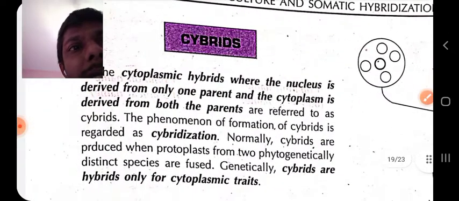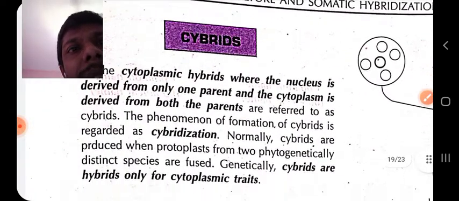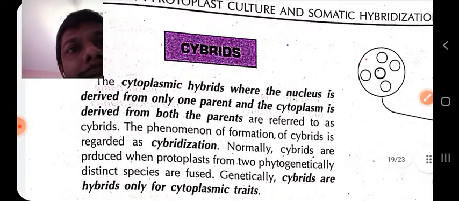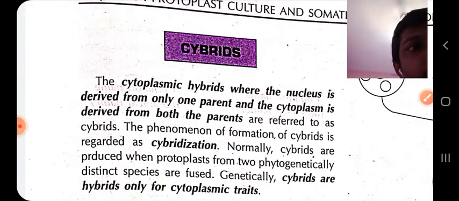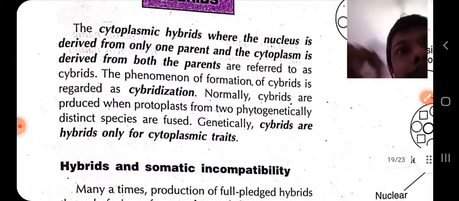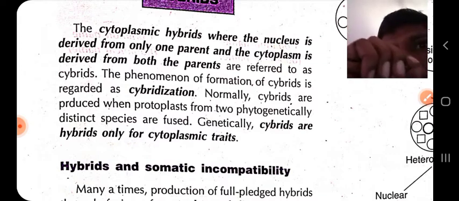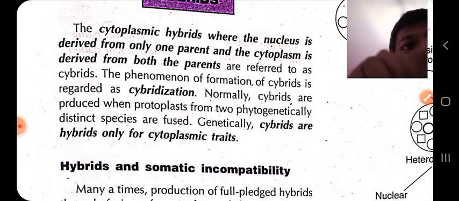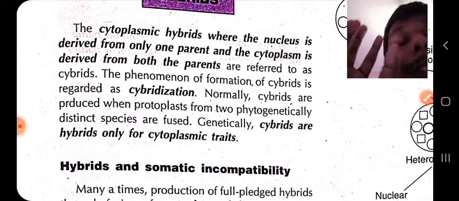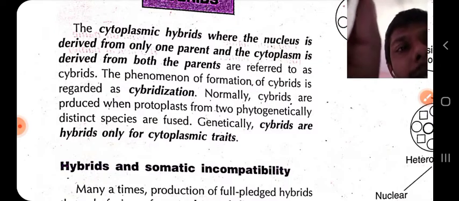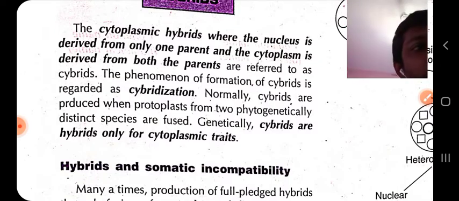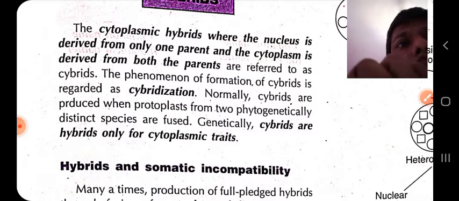Now let us see about the cybrids. What are cybrids? Cybrids are cytoplasmic hybrids where only the cytoplasm has been fused to form the hybrid protoplast, while the nucleus is derived from only one parent and the cytoplasm is derived from both the parents.